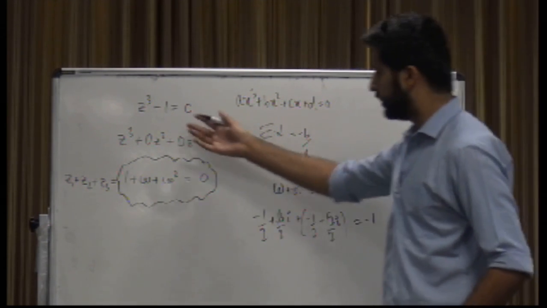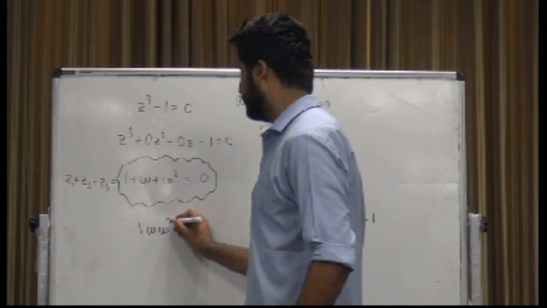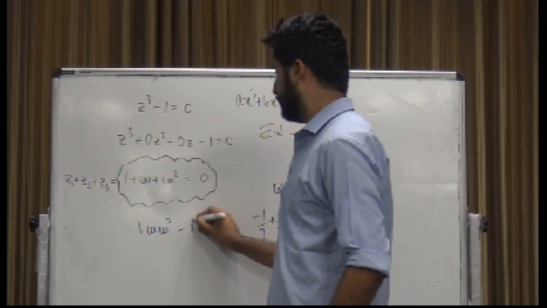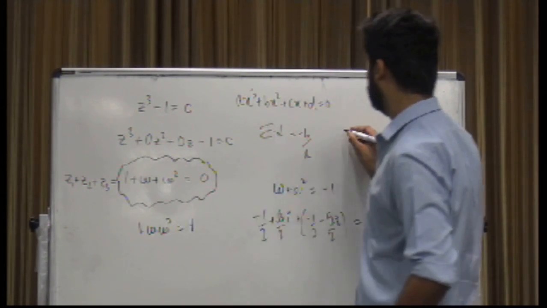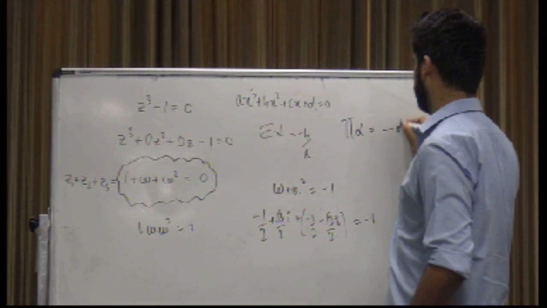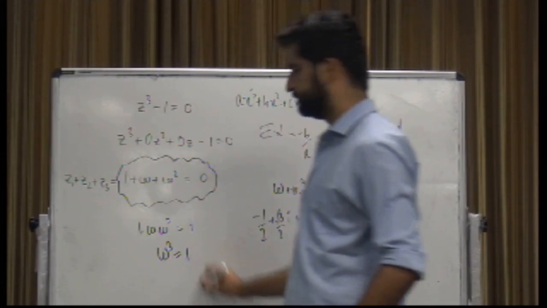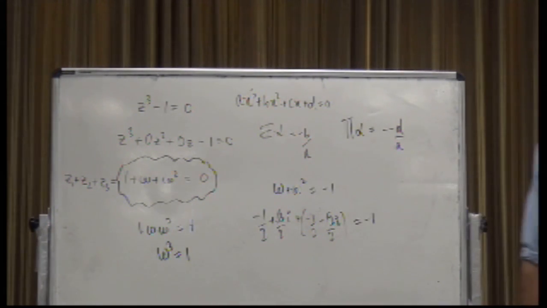And if you take the product of roots, that will be 1 into omega into omega square, and this is equal to plus 1, since the product of roots is equal to minus d by a. So omega cube is equal to 1.